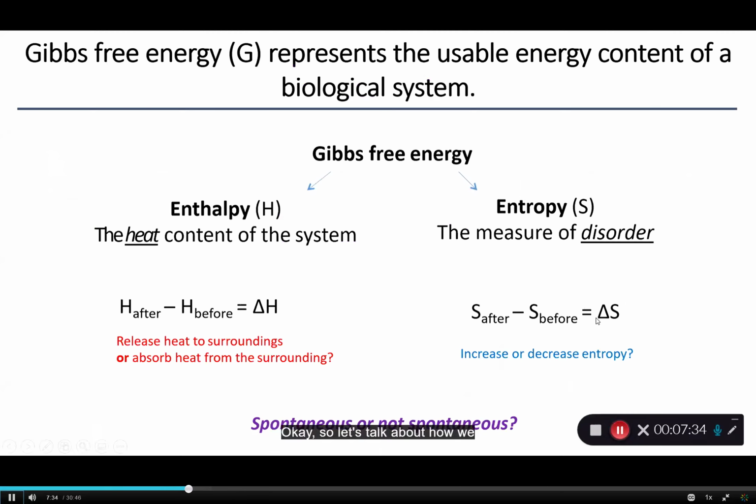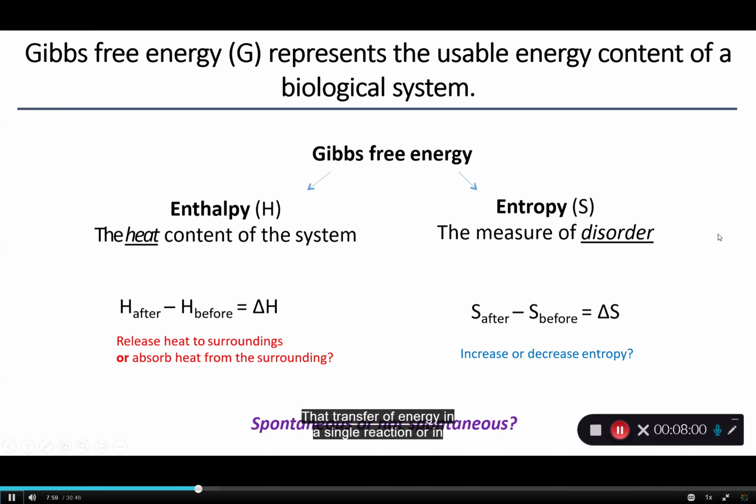Okay, so let's talk about how we represent energy in a biological system. Gibbs free energy represents the usable amount of energy in a biological system. And so Gibbs free energy is related to 2 different properties: enthalpy, or the heat content of the system, and entropy, or the measure of disorder in a system.